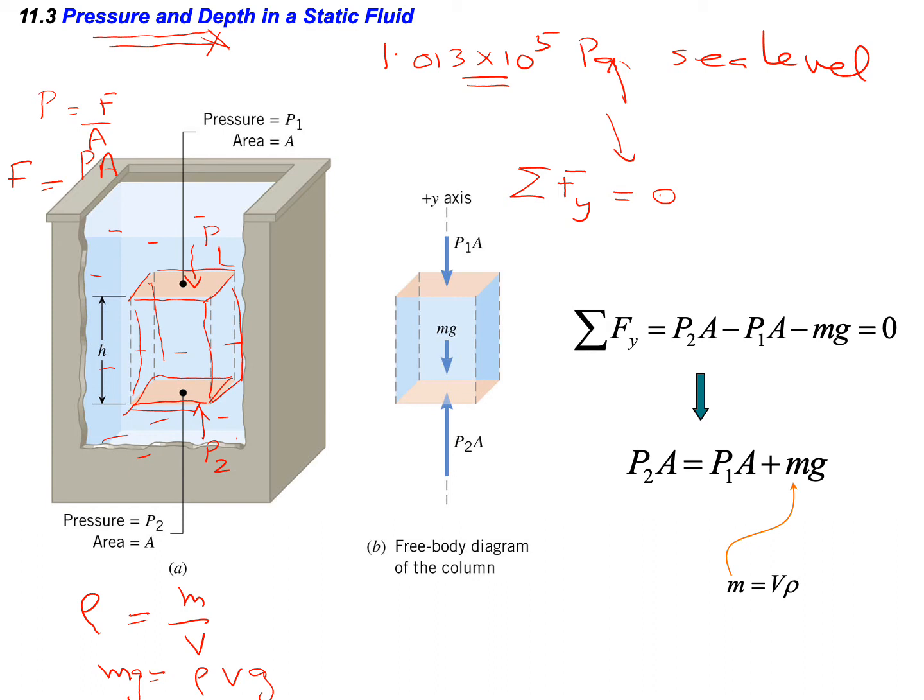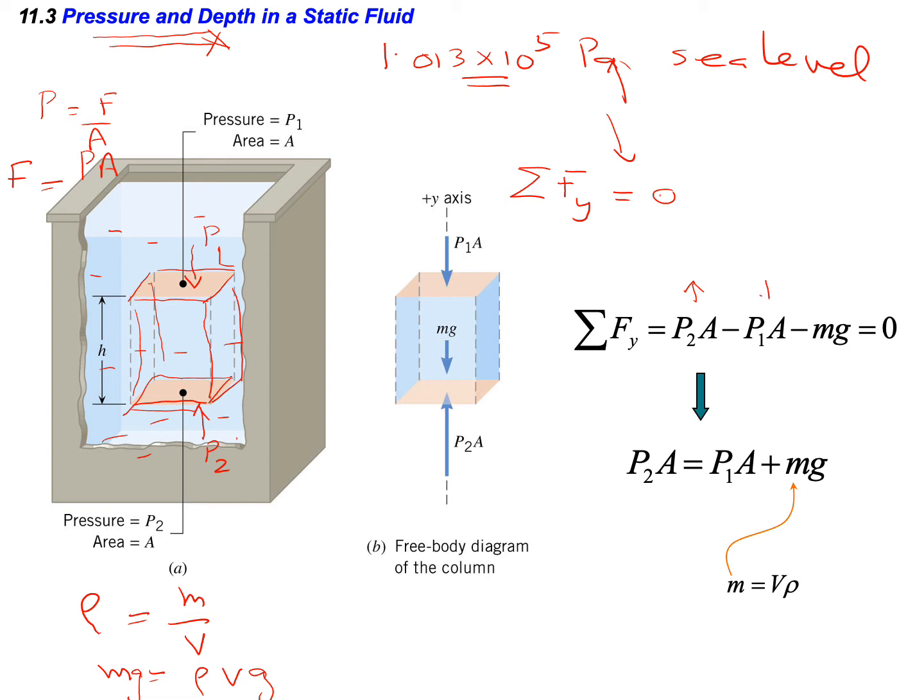That is the weight. If we use sigma Fy, the net force along the y direction is 0 if this is in equilibrium. That is P2A minus P1A minus the weight. P2A is pointing up, the positive y direction.